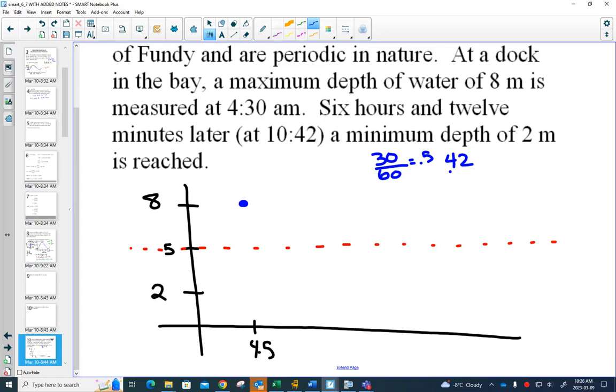So if you did 42 out of 60 minutes, that reduces to 7 out of 10, because they both divide by 6. So you could change that to 0.7. So I'm going to go 6.2 hours later, which will be about there. I'll have 10.7, and that's when it is at a minimum of 2.